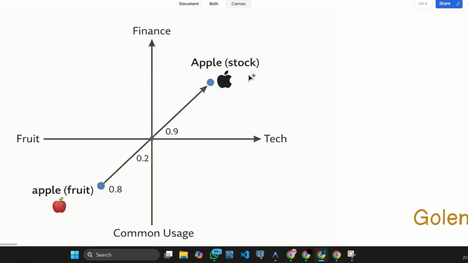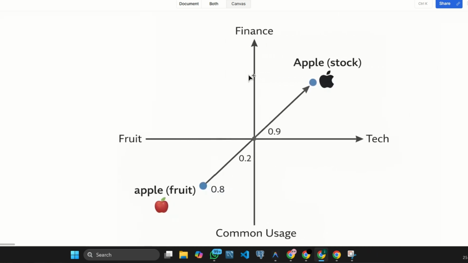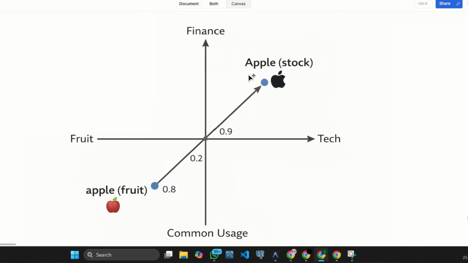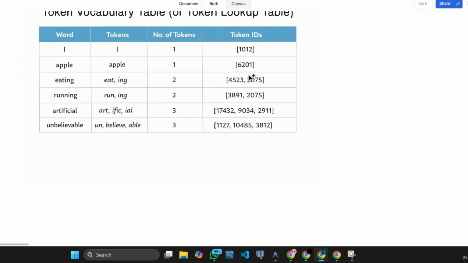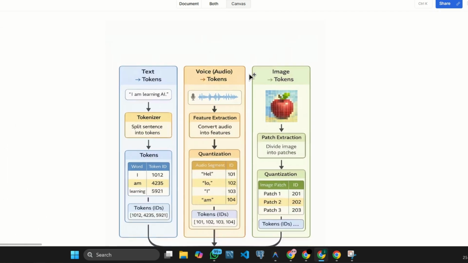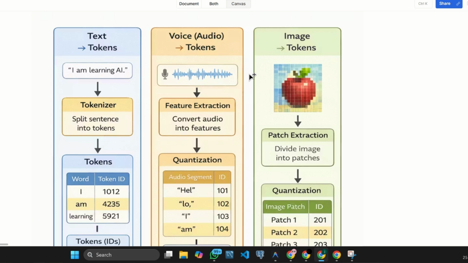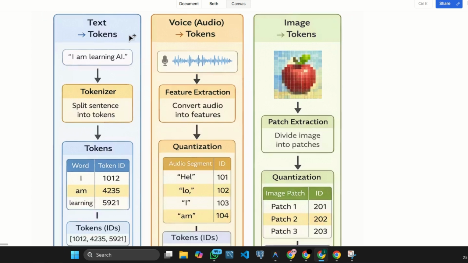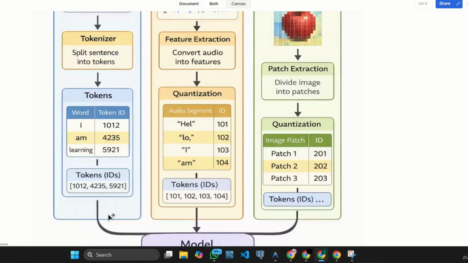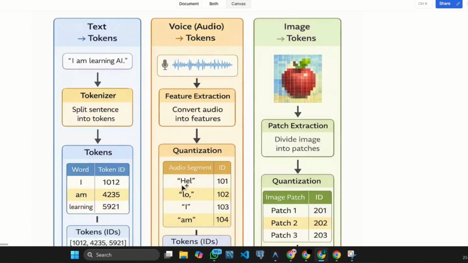And after this, it's actually similar for the inputs of voice and images. You can see in this diagram that, similarly to the way we discussed tokens, text gets divided into tokens and then the entire process happens.